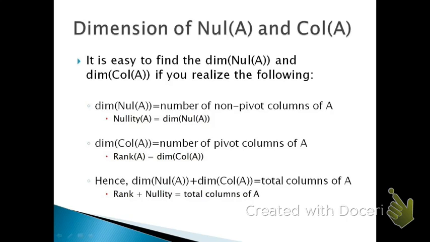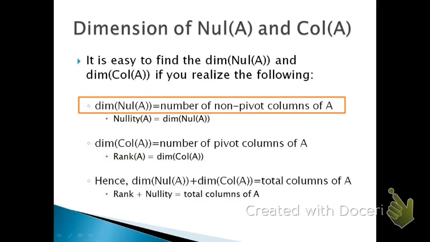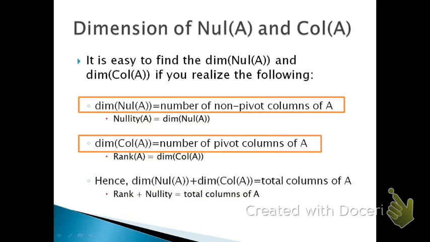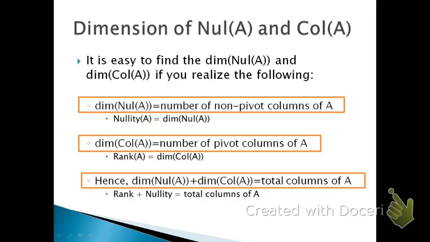Once we put it into row echelon form, the dimensions of null of A just happens to be the number of non-pivot columns of A. And the dimensions of column of A happens to be the number of pivot columns of A. And so, of course, if we were to add the dimensions of null of A plus the dimensions of column of A, it will equal the total number of columns in A, because of course non-pivots plus pivots will make up the total number of columns in A.